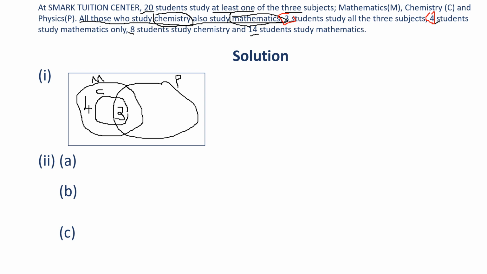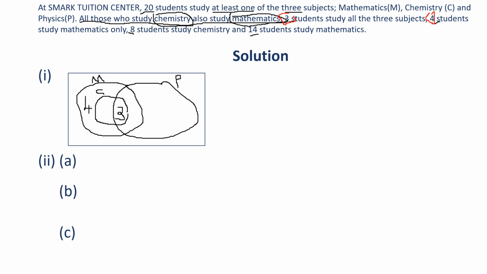Then we continue. 8 students study chemistry. If they study chemistry, they also study mathematics, because we are told that all those who study chemistry study mathematics.